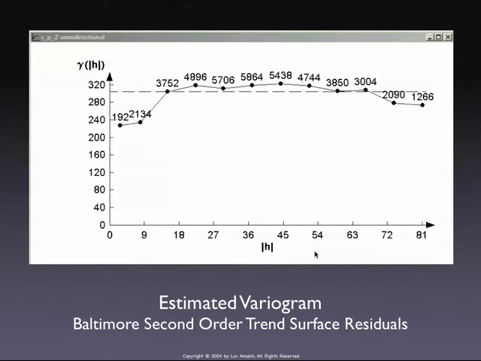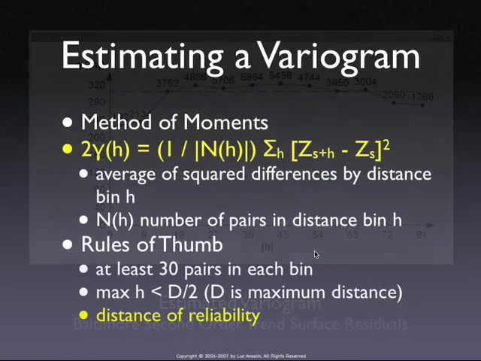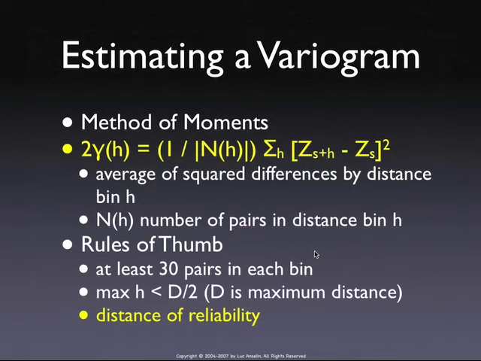Now, what's the problem with this? Well, think of the Baltimore data set. As you know, in the core, there's a lot of houses that are fairly close together. But as you move further away, there are not equally many houses that are longer distances apart.